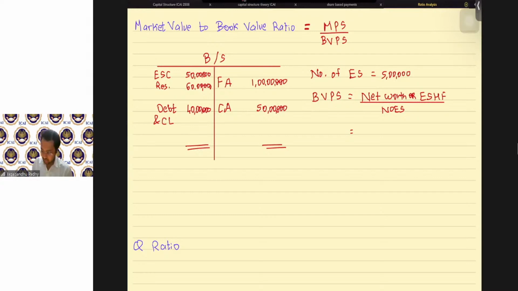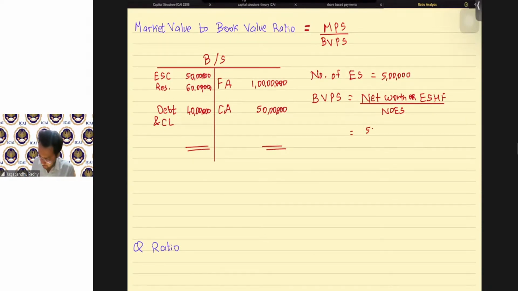So what is the net worth? Net worth over here is going to be obviously the share capital and the reserves. So that totals up to 50 lakh plus reserves of 60 lakhs, divided by number of shares, 5 lakh.